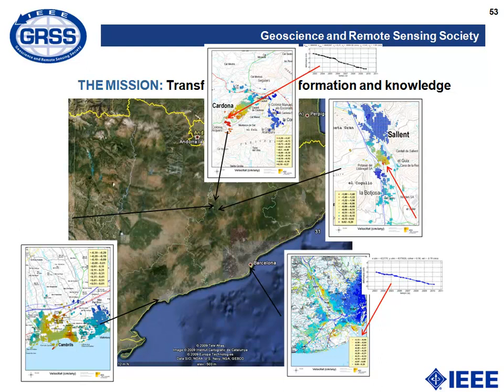Here you can see, at different settlements, information derived from radar satellites, where microwave spectral bands as well as good revisit times are used to finally provide subsidence movements of the territory.